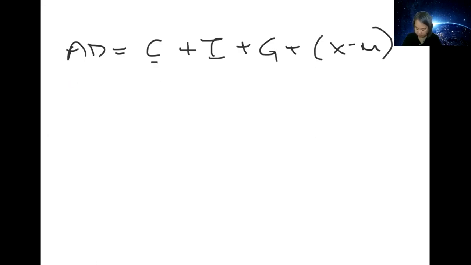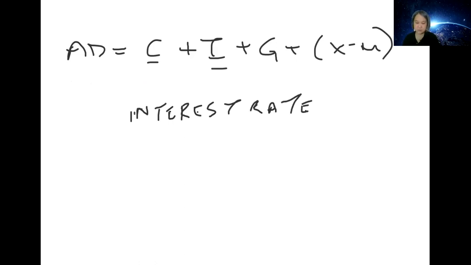But remember, for consumption expenditure and investment expenditure, one of the determinants is interest rate. If you look in your week 11 notes, if interest rate goes up, consumption expenditure goes down and business expenditure goes down.